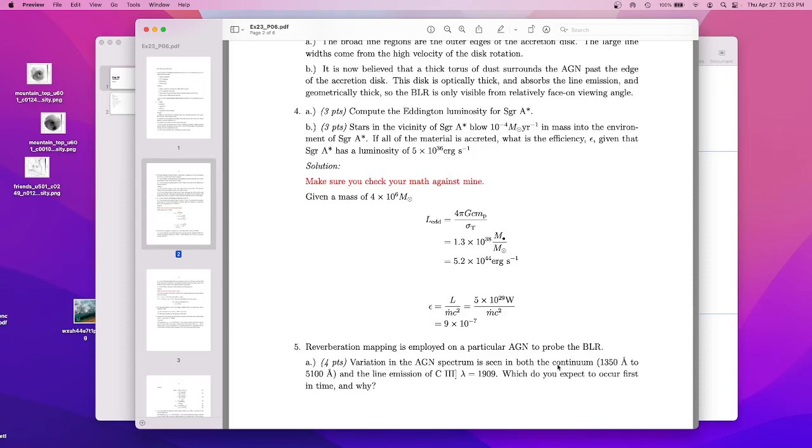This process is really not understood very well because these disks are spinning like crazy and really don't have very high viscosity. The viscosity is how, if I've got two streams of fluid moving next to each other, one stream will make the other go faster and they will trade angular momentum.